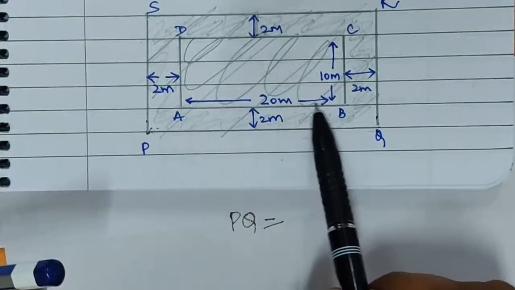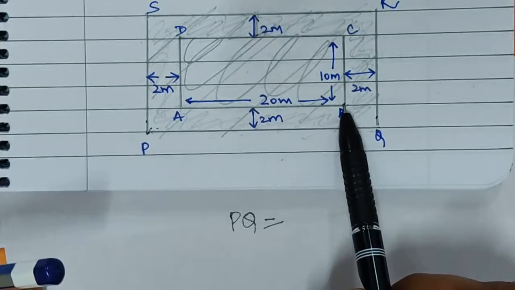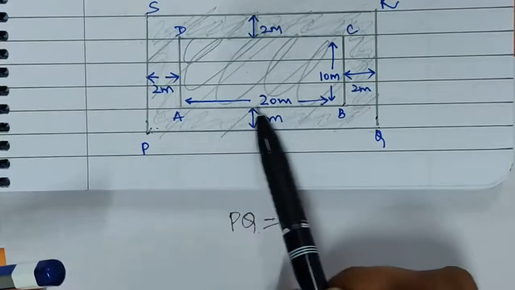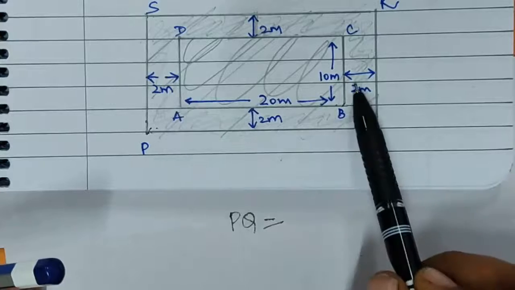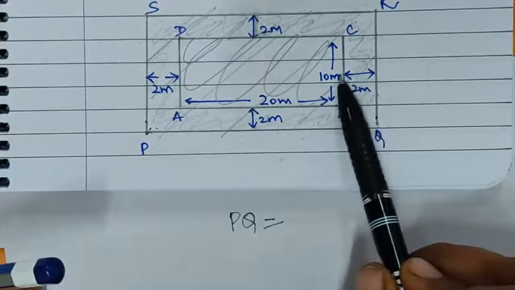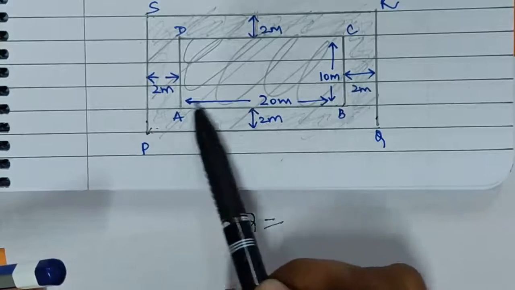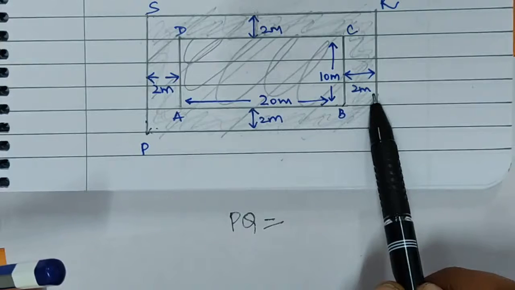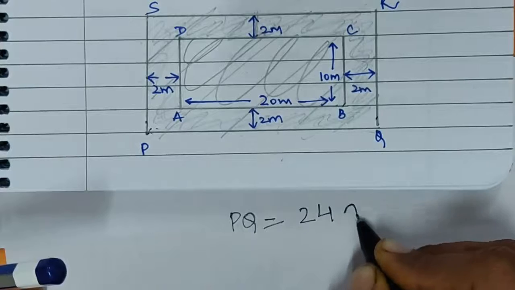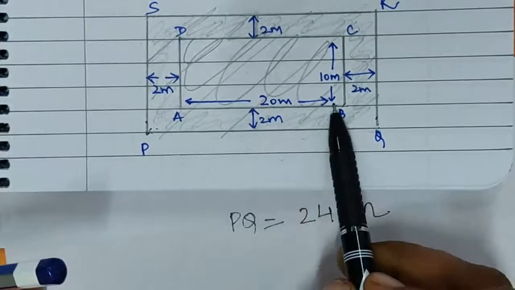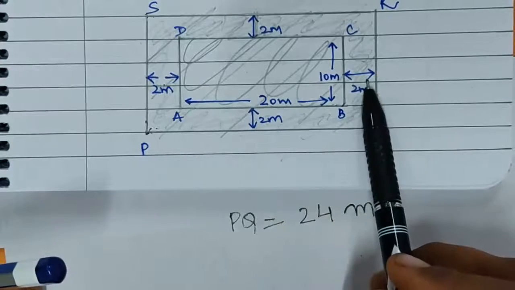So now PQ will be equals to this. This is 20. Children, listen very carefully. This is 20, 2 from this side and 2 meter from this side. So it means this total gives us 24 meters. 20 plus 2 plus 2.